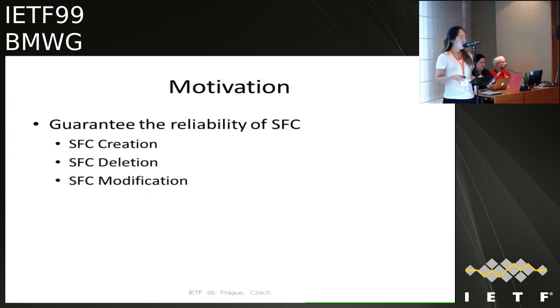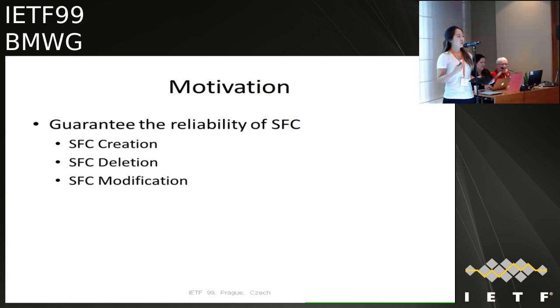This is the motivation. As you know, SFC is effective when the service requirements and the composition of the services keep changing. But the first time we set up the paths, when the switches are in their initial status, there are no rules and no traffic. It was easy.